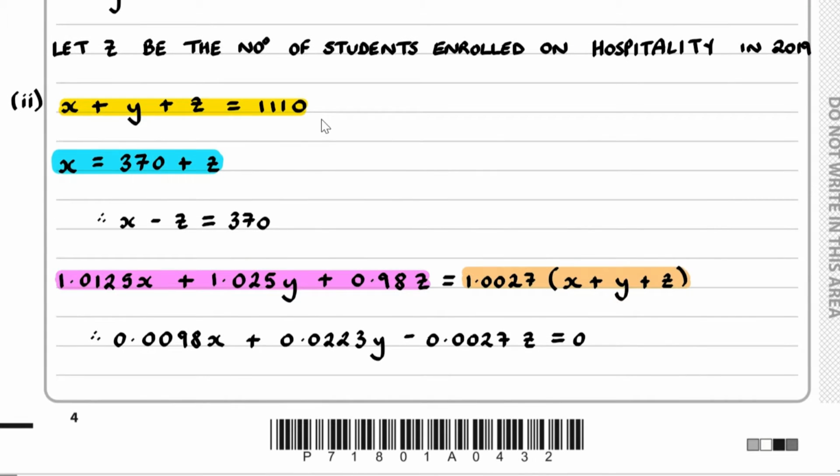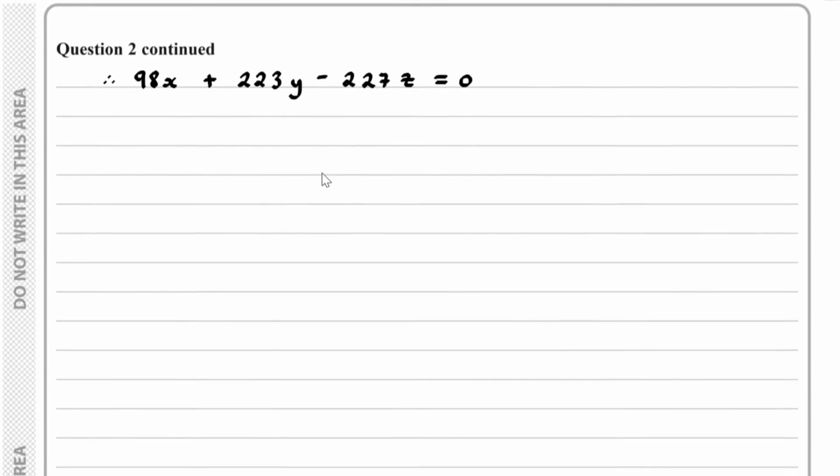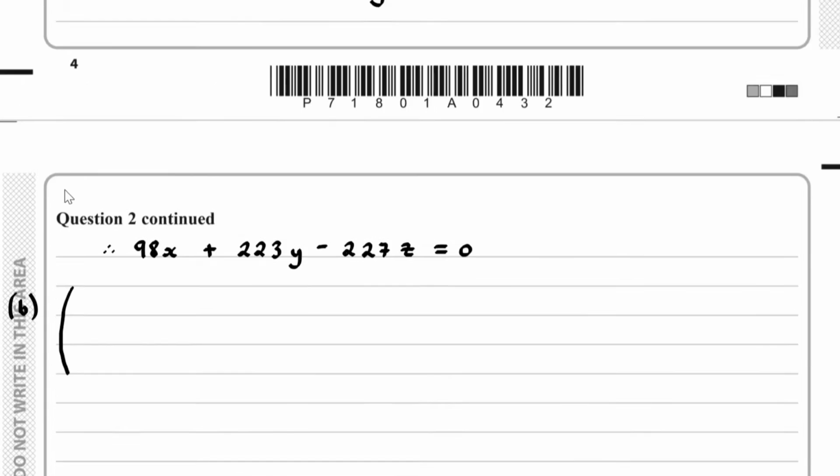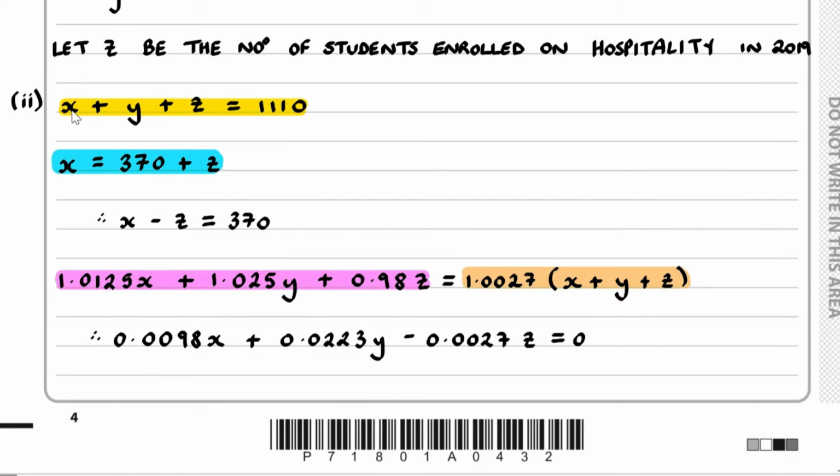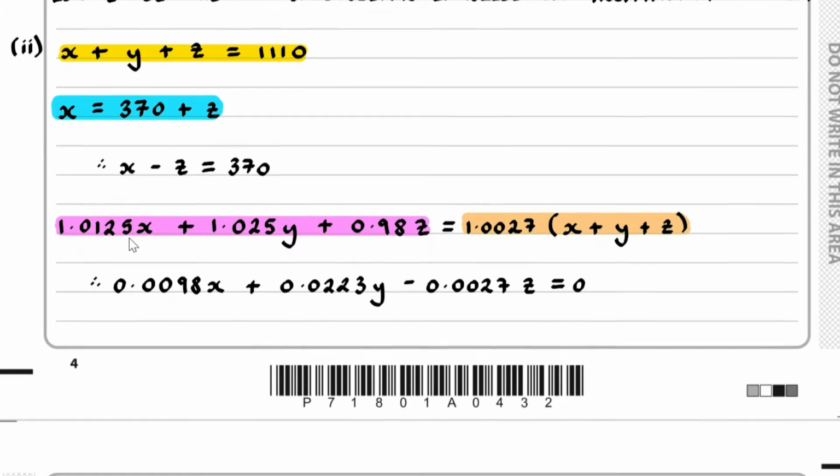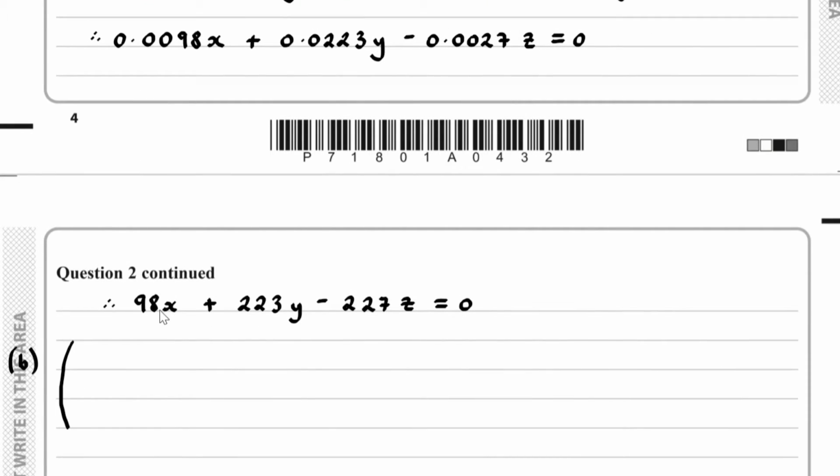So if we were to form matrix equations based upon the information given, in terms of the x's, we've got 1x for this equation, 1x for this equation, and 98 for this equation.